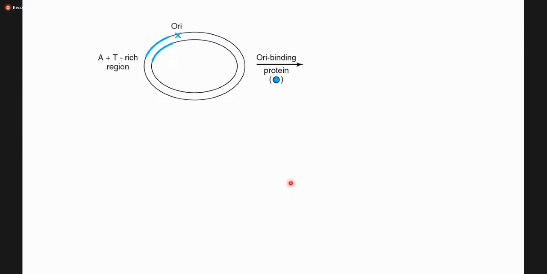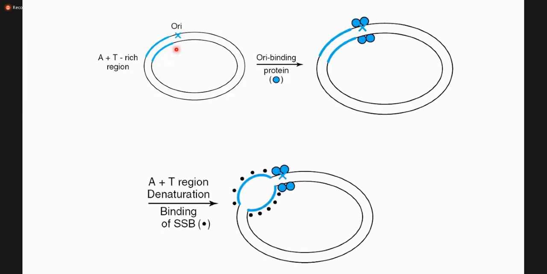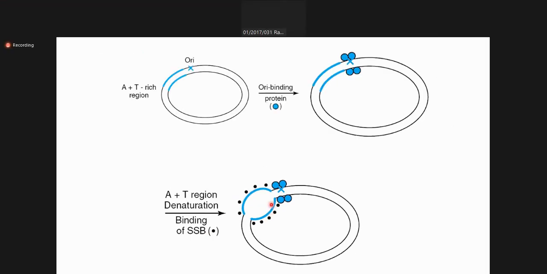So the origin of replication is identified by the ORI binding protein, and as it is identified, the AT-rich region just before the origin of replication is pulled apart with the help of the helicase-like activity that breaks down the hydrogen bonds between the two strands, and immediately they are bound by the single-stranded binding protein that keeps both these strands from reassociation.